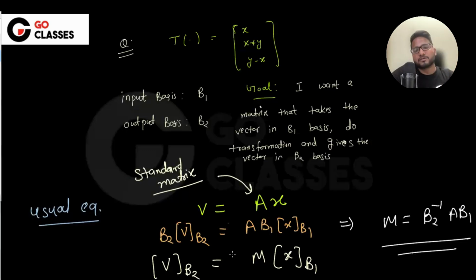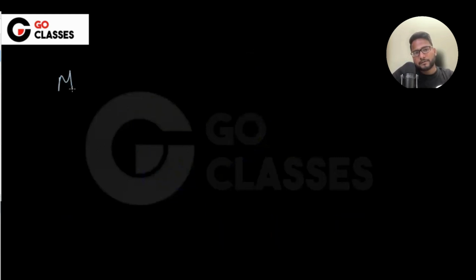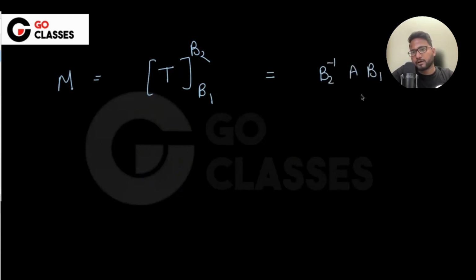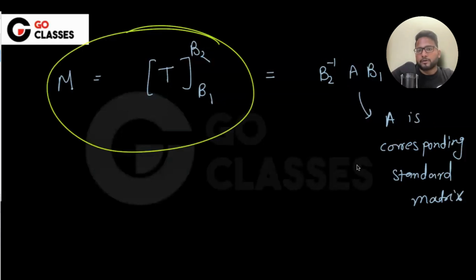So suppose M is such a matrix, which takes the vector in B1 and gives the vector in B2, then we represent it like this, which is nothing but B2 inverse A B1, where A is the corresponding standard matrix. This is a representation. Okay, this is just a notation. This is how we will denote it.